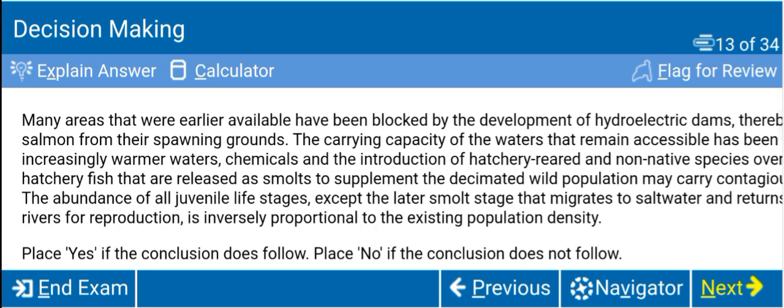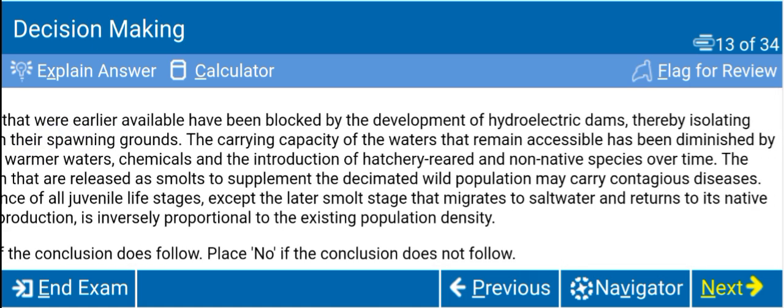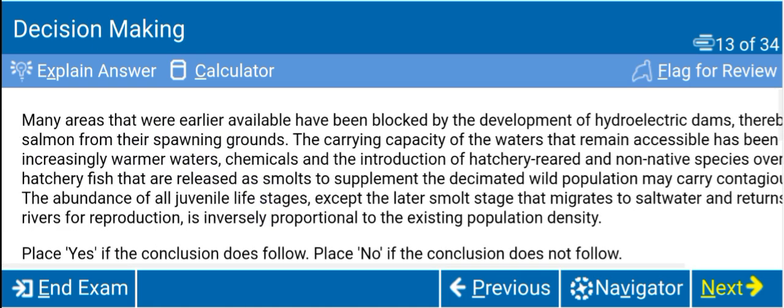The abundance of all juvenile life stages, except the later small stage that migrates to salt water and returns to its native rivers for reproduction, is inversely proportional to the existing population density.